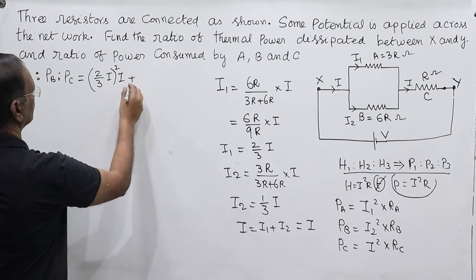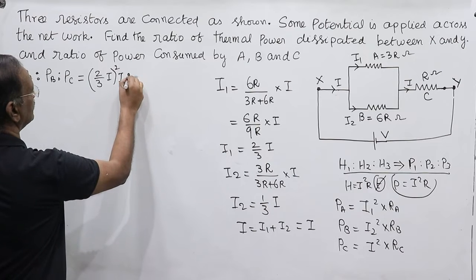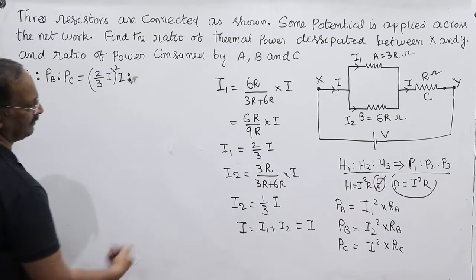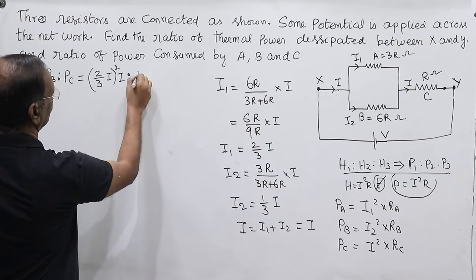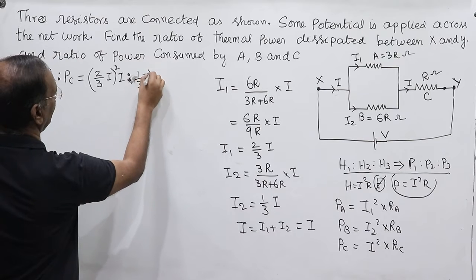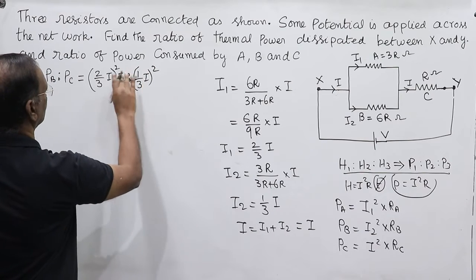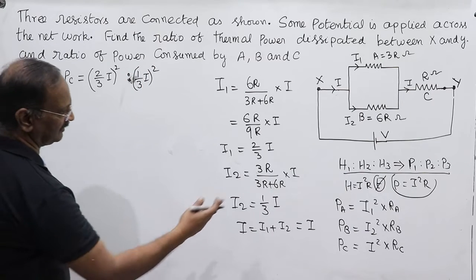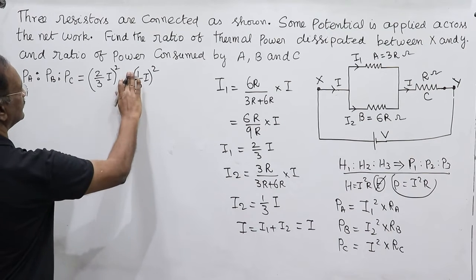Then for B, what is I2? I2 is equal to 1 by 3 I, whole square. This power is into RB.